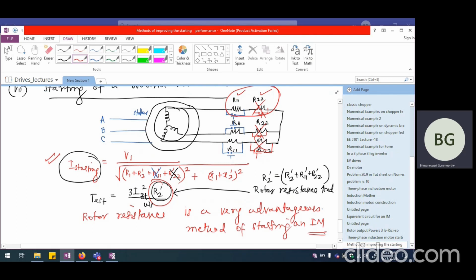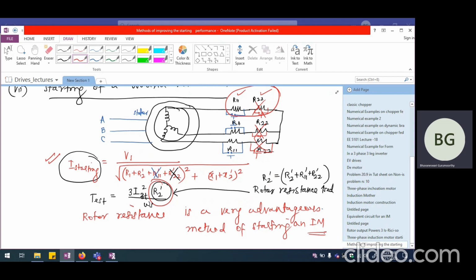and we already said that the wound rotor induction motor, or slip ring induction motor, is not maintenance free, because you will have to ensure that the slip ring and brushes are sitting properly and making contacts properly. So it is definitely not as maintenance free as a cage induction motor.